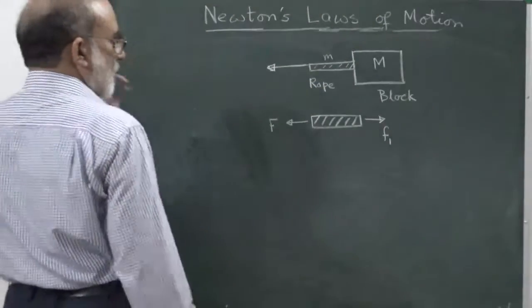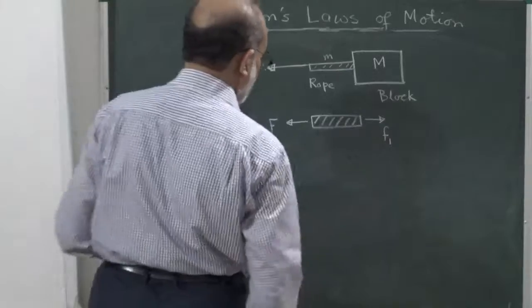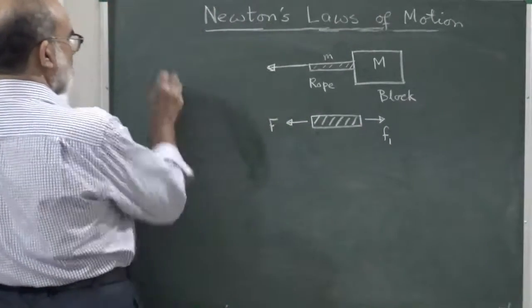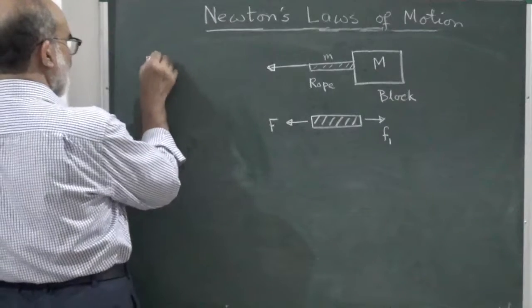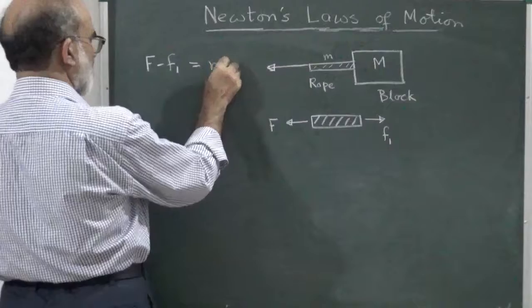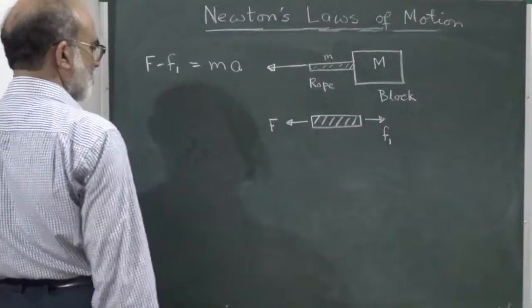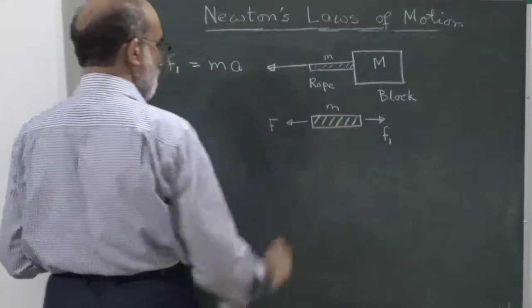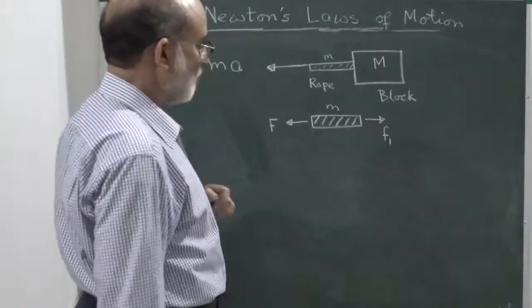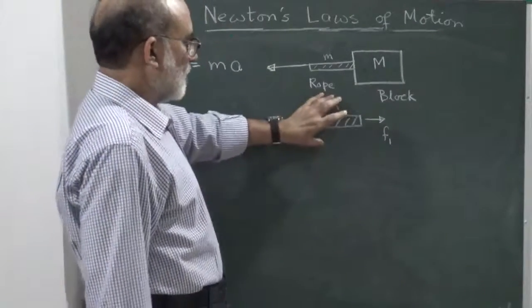So according to Newton's second law of motion, the resultant force must produce an acceleration. So the resultant force here is F minus F1, which is equal to the mass of the rope times the acceleration of the rope. So the equation for this is already written.